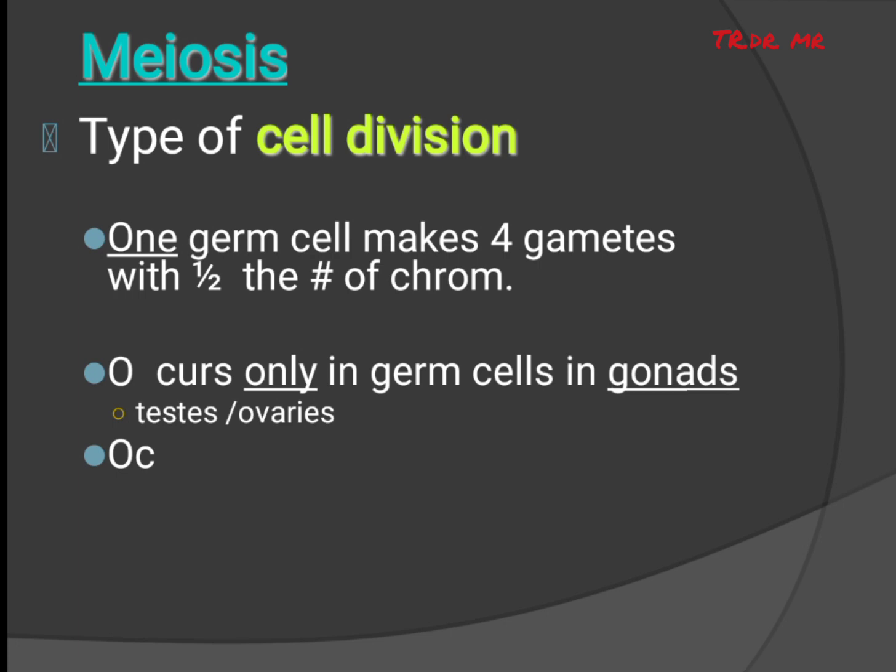Originally, in mitosis, we said mitosis is a type of cell division whereby cells divide into 2 identical diploid cells. In this case, we have one cell dividing into 4 cells, but each of these 4 cells has half the number of chromosomes as the parent cell.